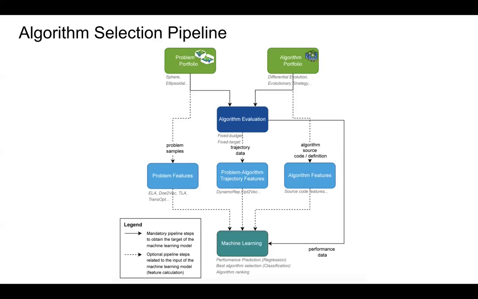A requirement for training this machine learning model is representing the optimization problems in terms of numerical features, which can be used by the machine learning model. And this is exactly the topic that we'll be discussing today: how to do this representation of an optimization problem in a vector space.